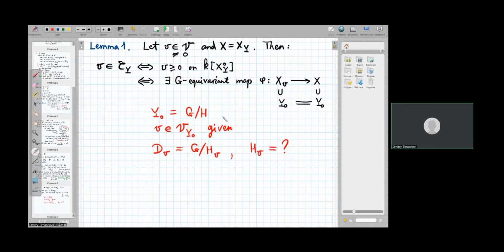So H_V is some explicit subgroup containing H of codimension 1 or something like this. It is not that easy, but in principle it is possible to describe. In some particular cases, of course, the explicit answer can be given. But in general, it is not quite straightforward. Okay, this is what I can say.